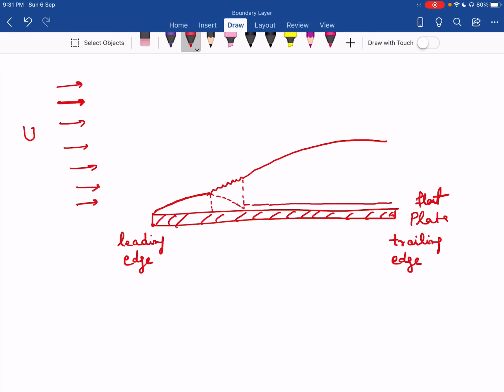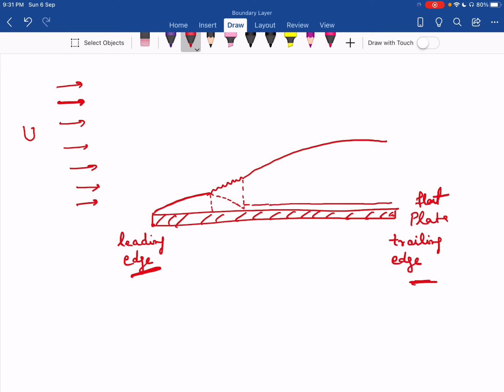Now within this flow near the boundary, what happens? There is a formation of one layer whose thickness varies from the leading edge to the trailing edge of that plate.